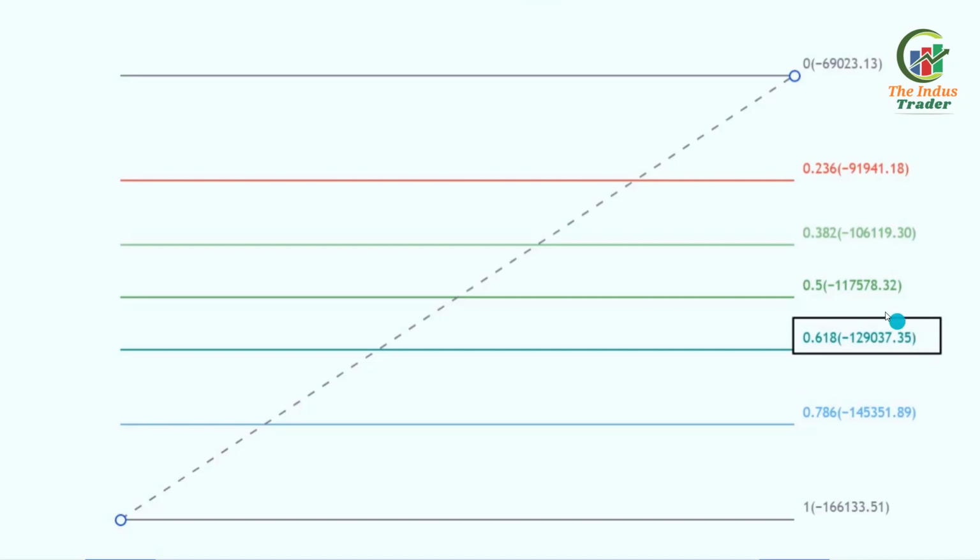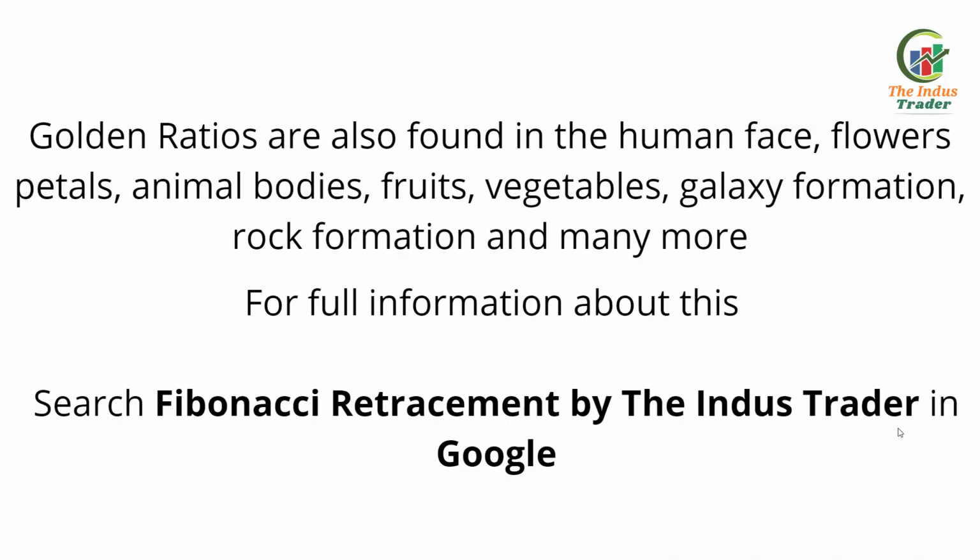In the previous slide we saw only the 0.6 calculation, but if you want to know about 0.5, 0.3, 0.2, 0.786 and how this series or ratio is calculated, along with the golden rules, all the information is there.